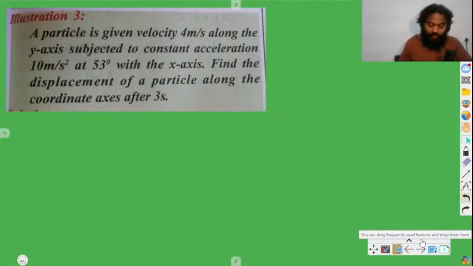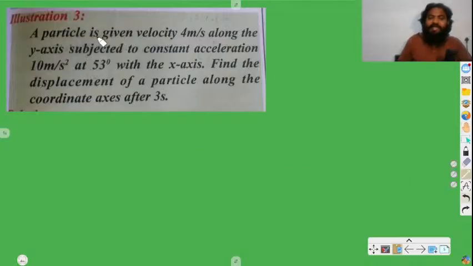So now coming to the third problem. Let us see what is given.